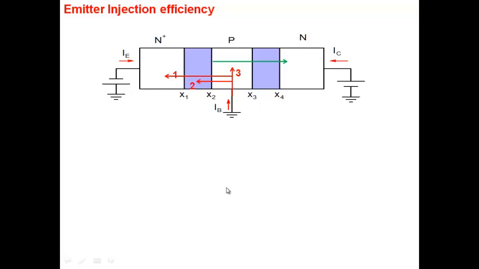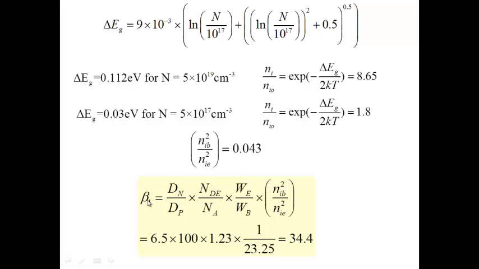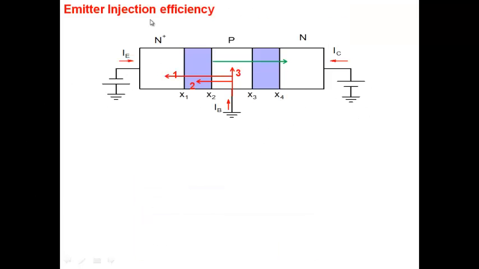Before we leave this topic of beta 1, there's a concept that you will often hear in bipolar transistors, which is called emitter injection efficiency. Note that in a bipolar transistor, the collector current comes because of the electrons here, and the base current comes because of the holes here, right?